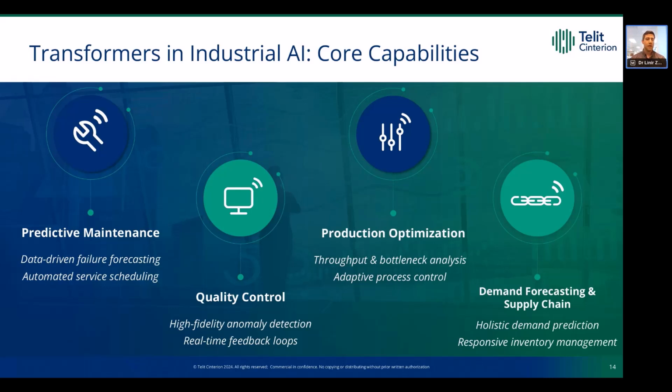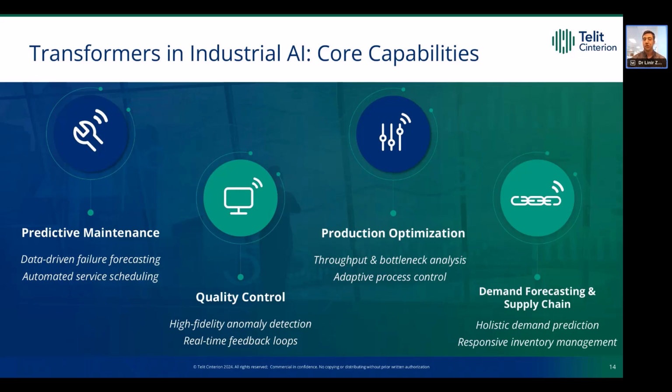Quality control, anomaly detection, either on data or images. It can see anomalies in images without prior training. So if there's a scratch on a part, you don't need to tell it what a scratch is. It would know based on its reasoning. Production optimization, we're talking about throughput and bottleneck analysis, it sees the whole factory floor and can find areas to improve.